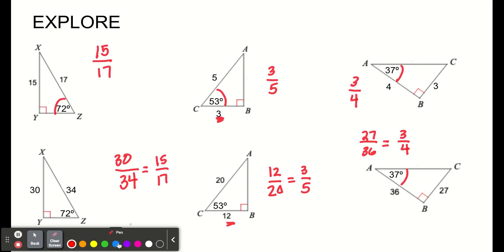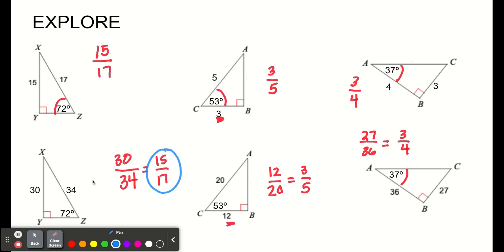So my point here is that for any triangle that has these angles, where the angles are 72, 90, and 18, the ratio of the side opposite the 72-degree angle divided by the hypotenuse will always simplify to a ratio of 15 over 17.